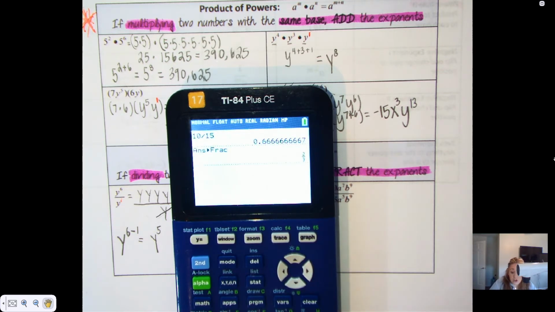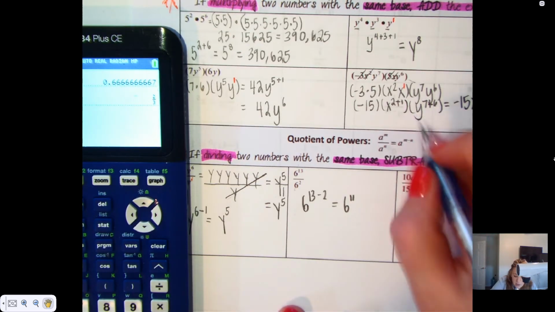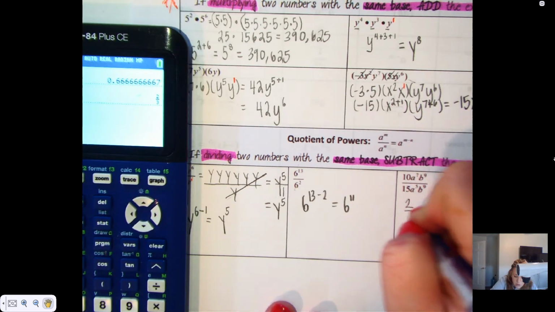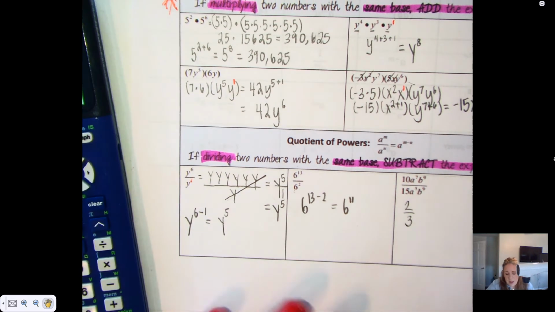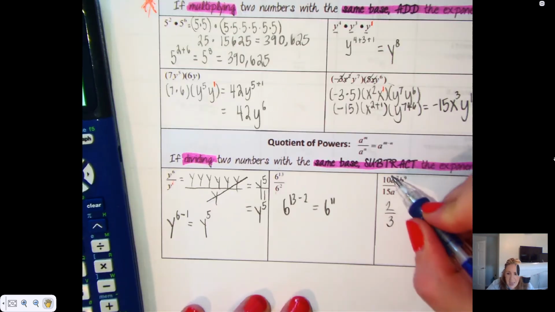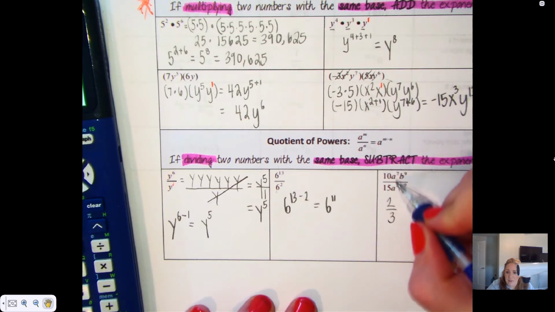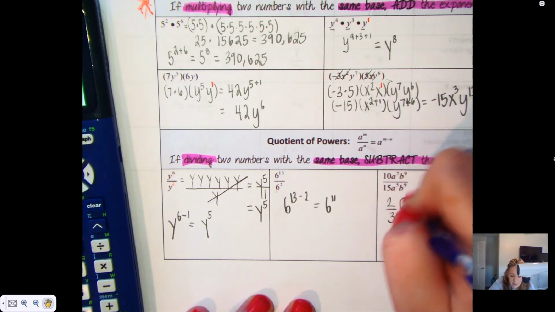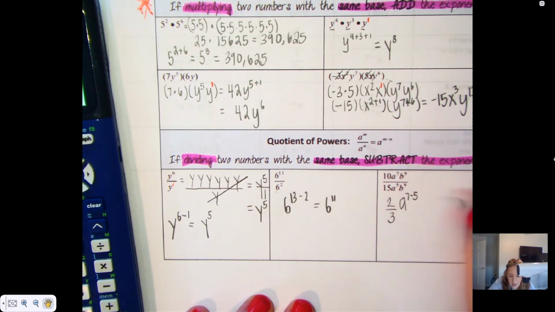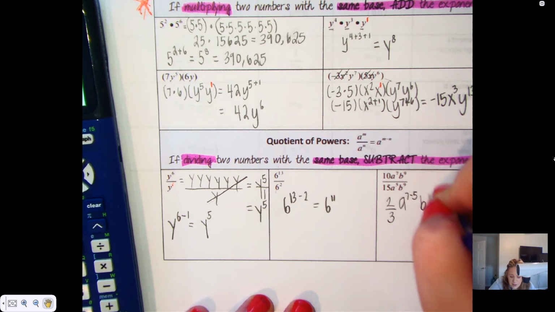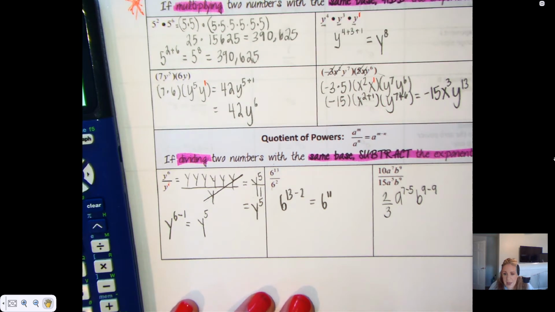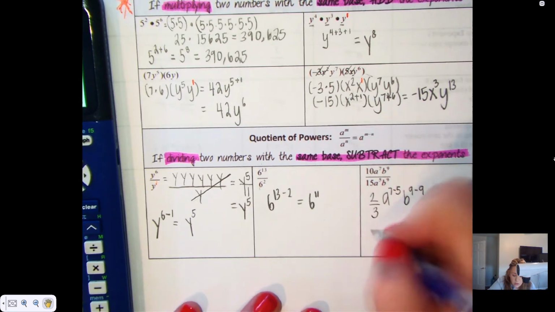So that's going to be 2/3, okay? So the number part gives me 2/3. All right, I would have a to the 7 minus 5. And then I would get b to the 9 minus 9. Okay, so 2/3.